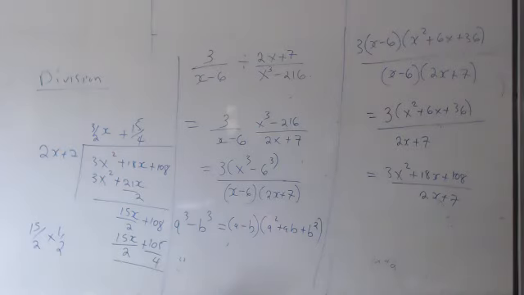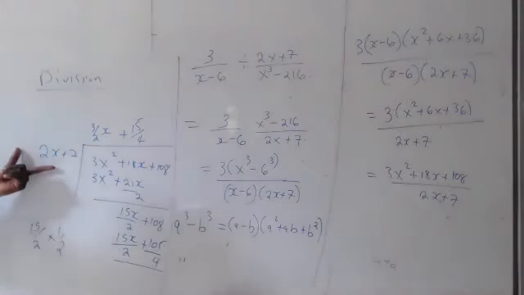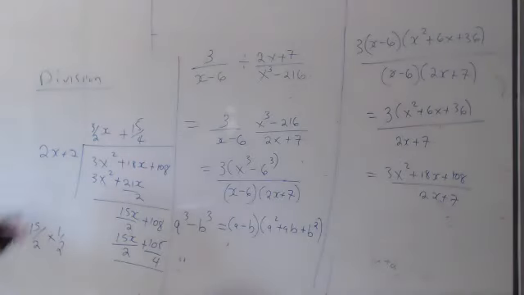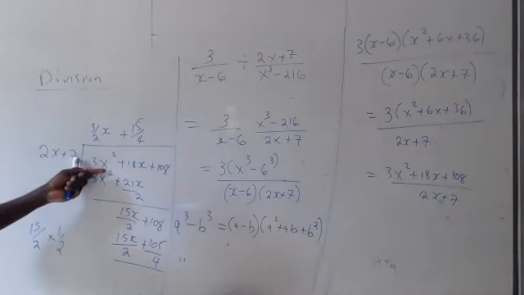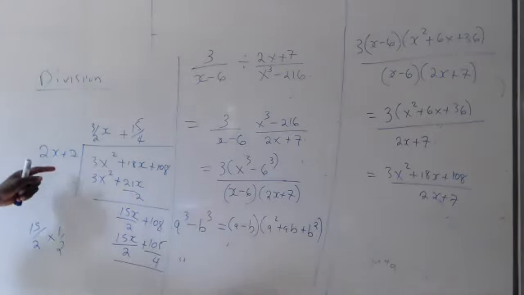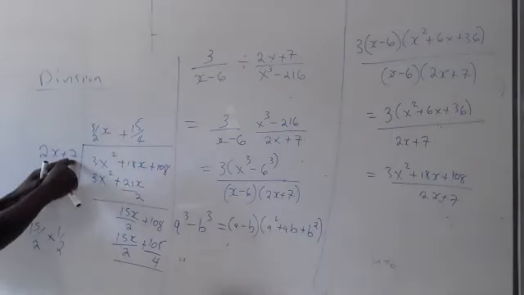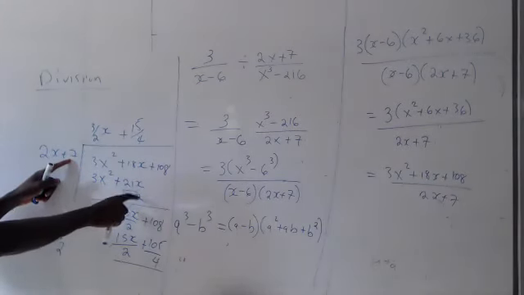You have done it for 2x, when you got 3 over 2x. Yes, I started with 2x. Of course, 2x times 3 over 2x gives you 3x squared. So for 7, how did you do it? I took 3 over 2 times 7. That gives me 21x over 2.